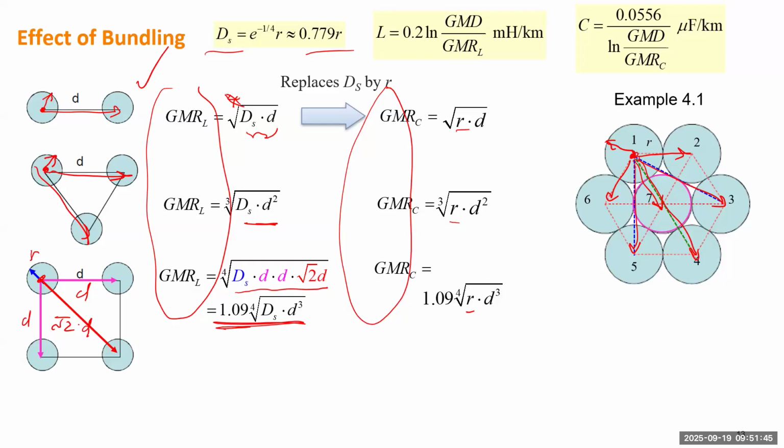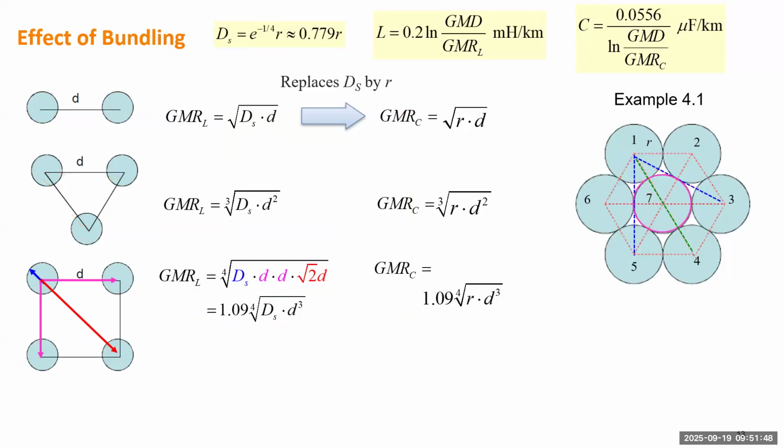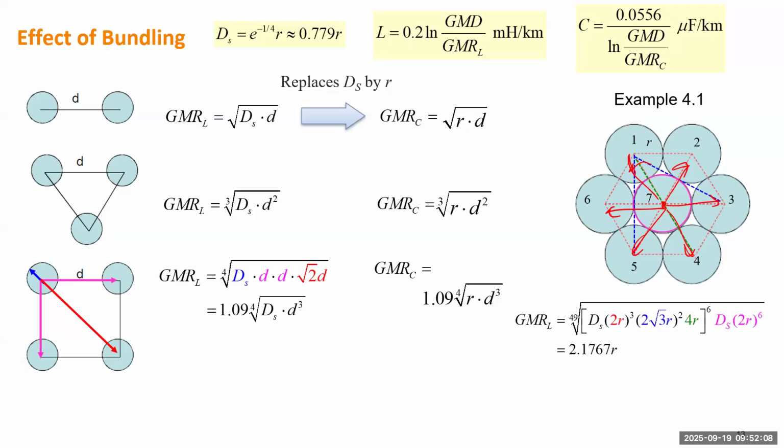But you cannot use the same group for the center because the center has a different position. So for the center one, when you move the reference to number 7, it has the same distance to the other 6. The distance is just the diameter of each conductor, or double the radius. So finally you have 49 such distances you need to count.